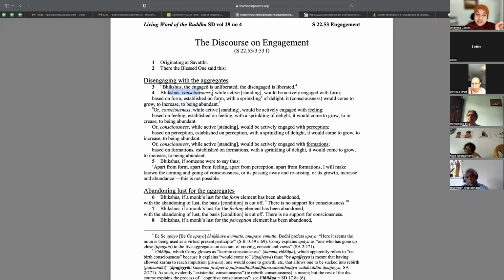Bhikkhus, consciousness while active would be actively engaged with form. Based on form, consciousness, the mind takes or finds standing through self in form, establishes itself on form with a sprinkling of delight.